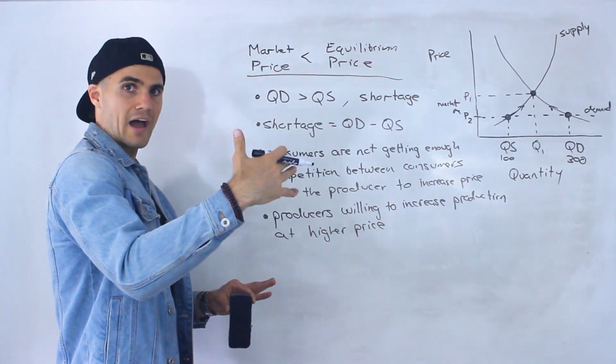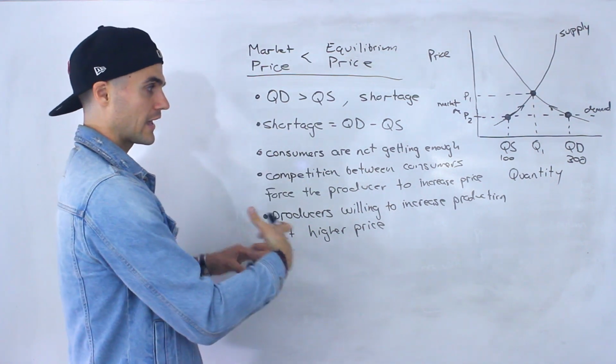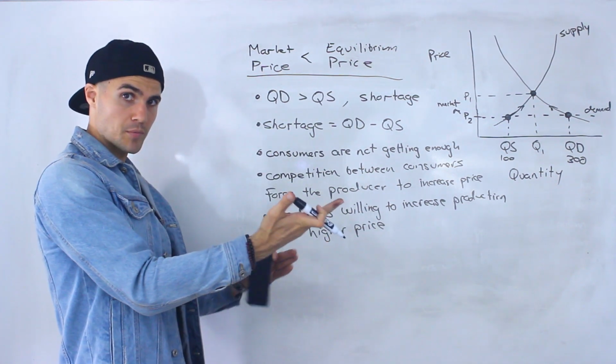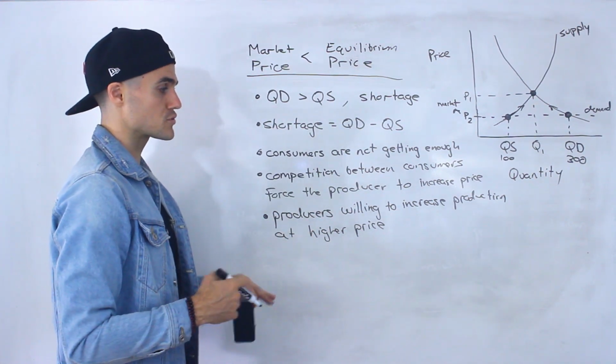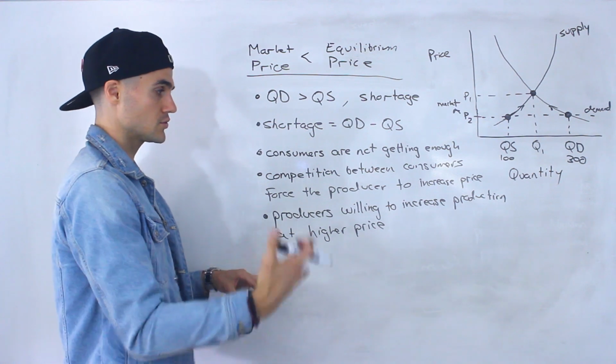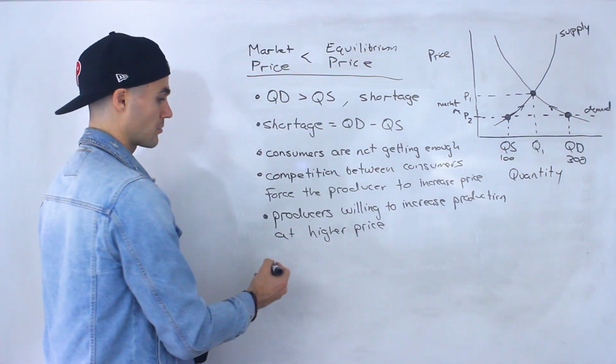Right? Because the price is higher, producers are willing to increase production even though their costs are going to go up. If the price is compensating enough for those costs, then if their profit keeps going up, they'll just increase production at that higher price.